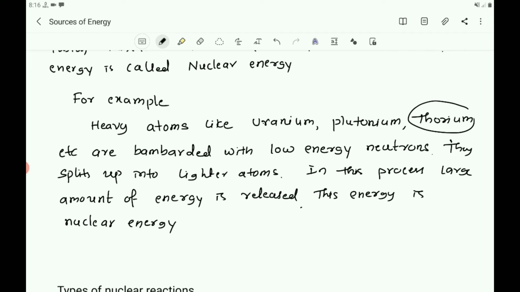So uranium breaks up into barium and krypton, and in this process a large amount of energy is released. This energy is called nuclear energy.